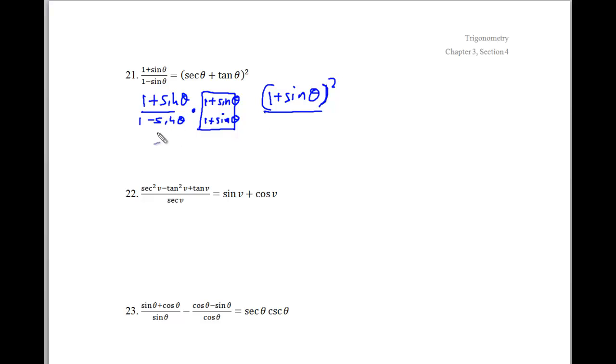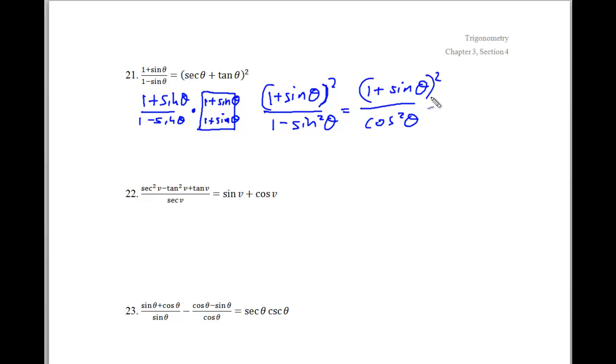And down here, I've got a difference of squares, so this is 1 minus sine squared theta. This strategy is going to come to fruition because 1 minus sine squared theta is equal to cosine squared theta. And in the top right here, we still have 1 plus sine of theta quantity squared.